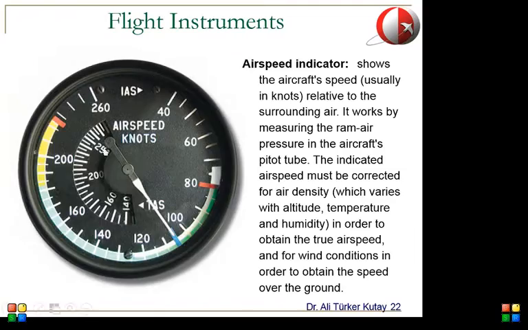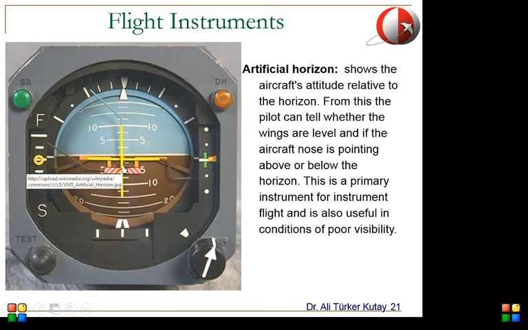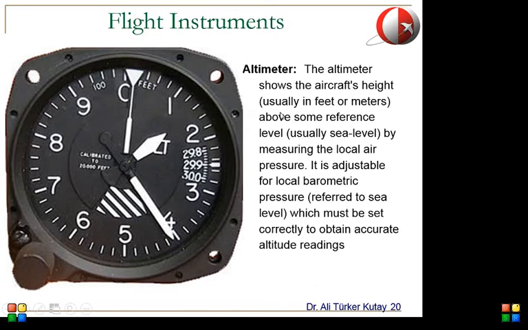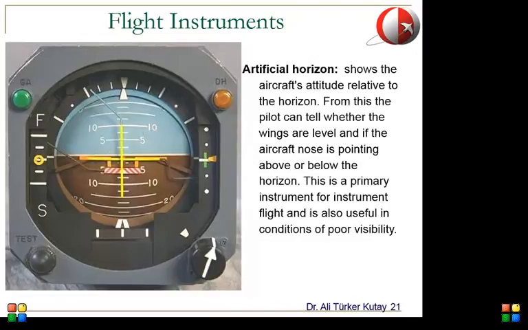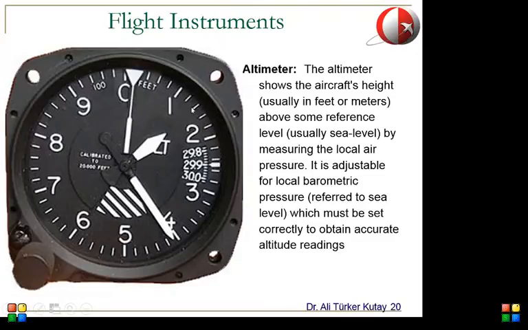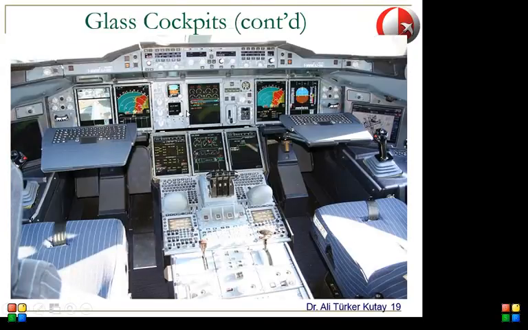I will explain how the altimeter and airspeed indicator work, how they use the pressure information to detect the speed and the altitude. But other than that, most of these instruments are really just for you to know as general information about aircraft.